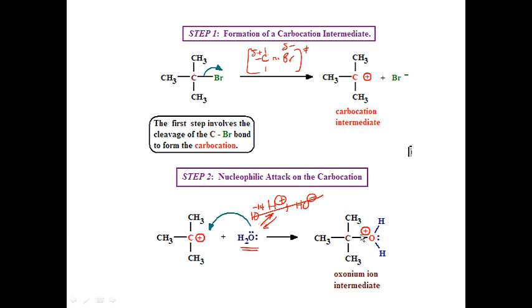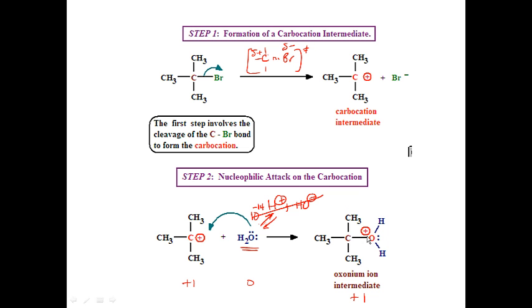So we take this water, the lone pair now reacts with the carbocation so that I form a carbon-oxygen bond. The oxygen now only has one lone pair, and here's a key thing. I reacted a +1 species with a neutral species, therefore my overall intermediate has to have a +1 charge. Where's the +1 charge?